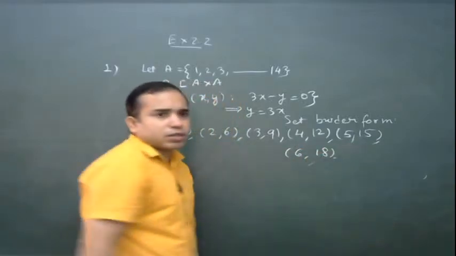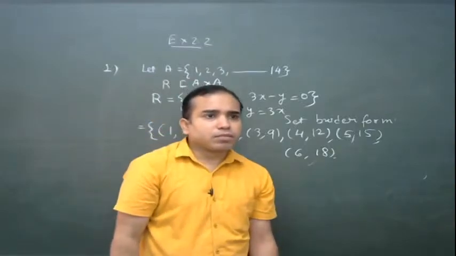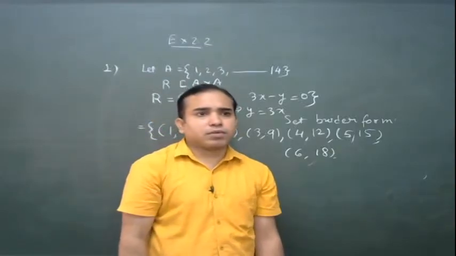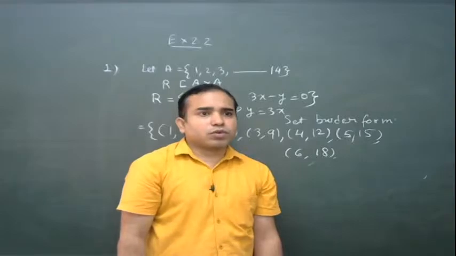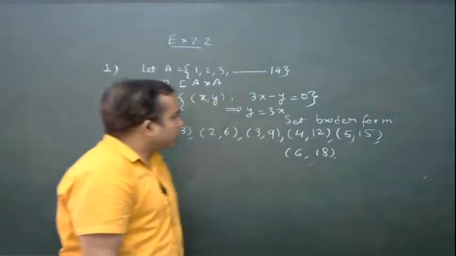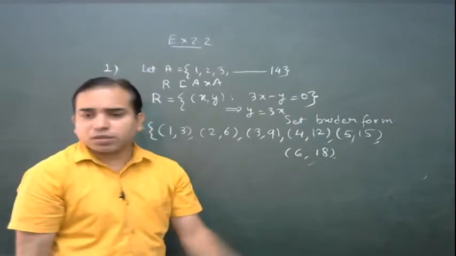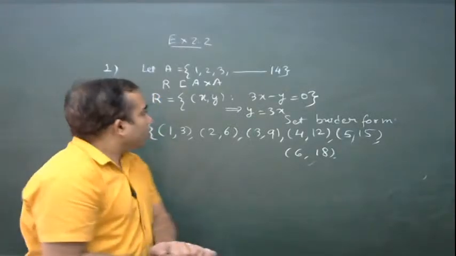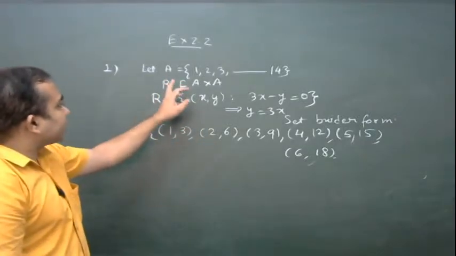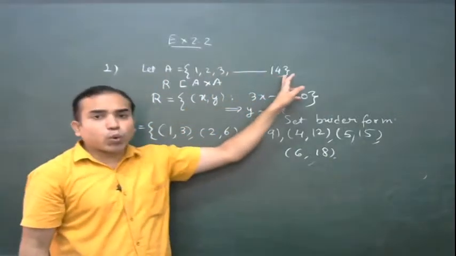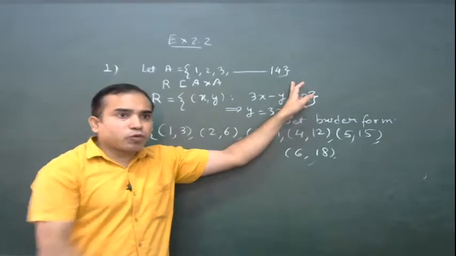No, is it right? 4 comma 12, 5 comma 15, 6 comma 18, will this come or not? No, my set contains elements only up to 14, so up to 4 comma 12 only.